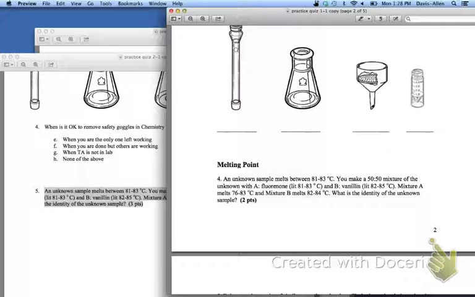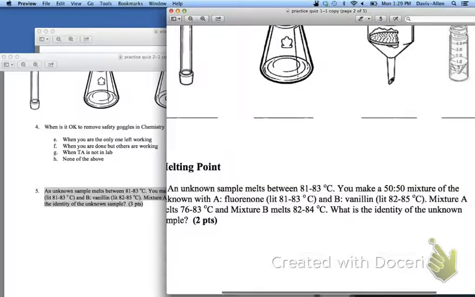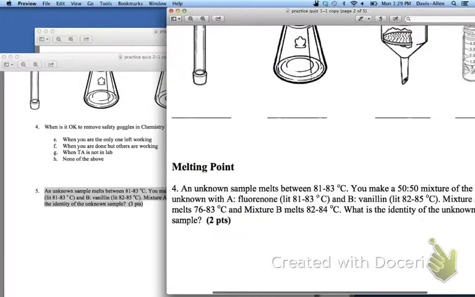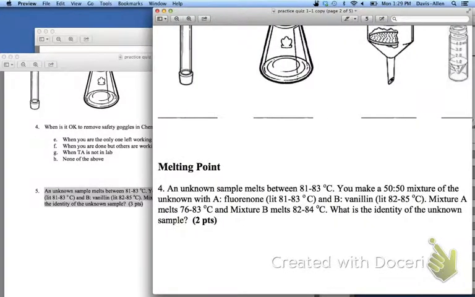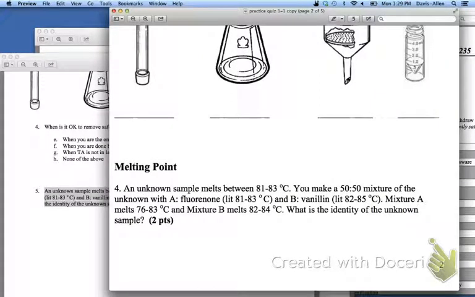If we then mix that with something else, in this case we decided to mix it with fluoroquinone and vanillin. This is why you attend these things, so you can watch that. We can then look at their literature values and try and interpret what that would mean as far as our result goes.